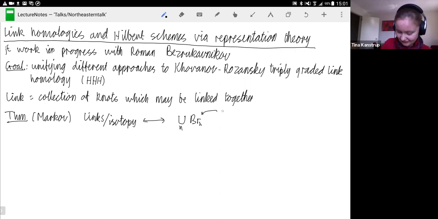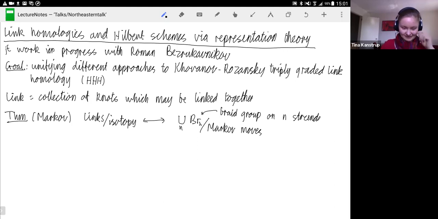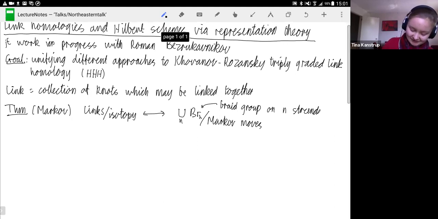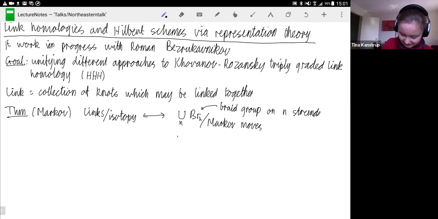So this is the braid group on n strands. And then we need to mod out by something, and these are called Markov moves. I'll tell you what these are, but first I'll tell you how this correspondence goes.